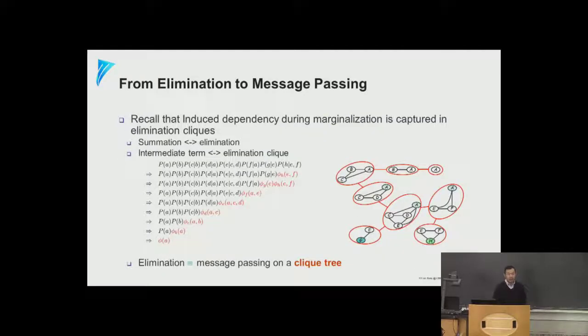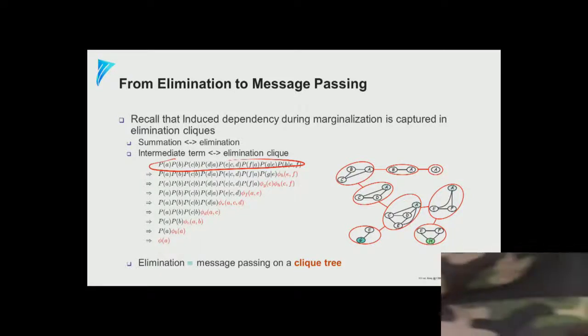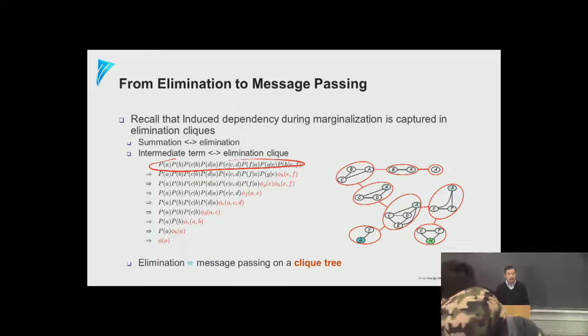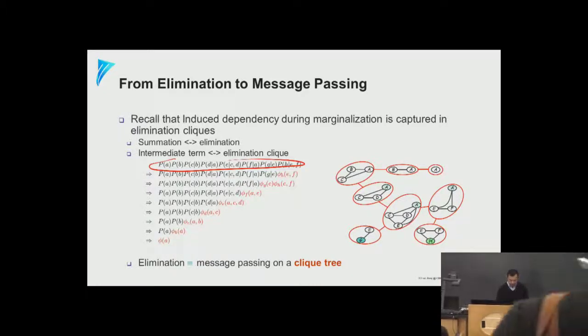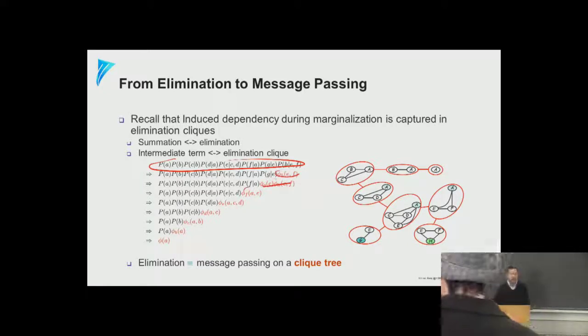Right. So here is hopefully a conceptual picture about how elimination ties to message passing. Here we begin with an expression of the joint probability in terms of a product of factors, and then to do, say, marginalization of random variables really amounts to eliminating a term in this multiplication.